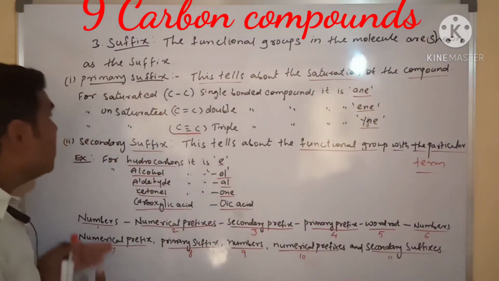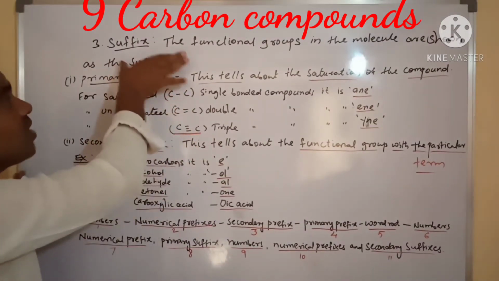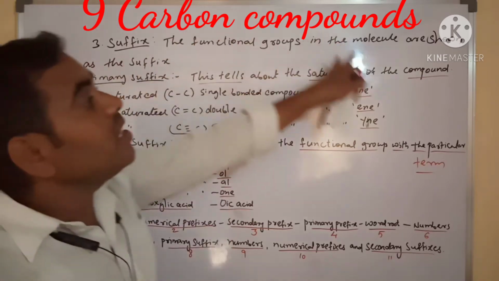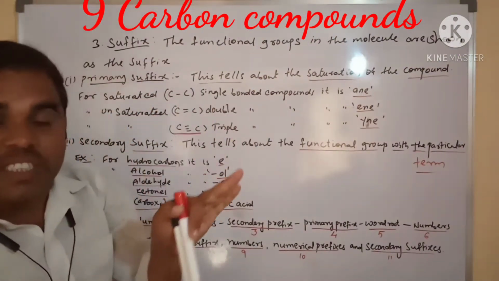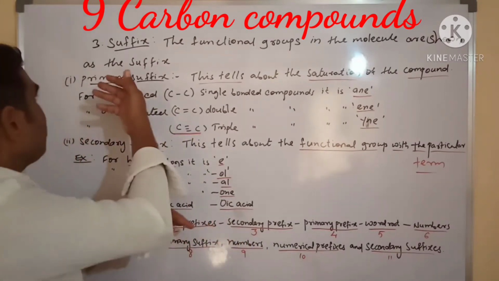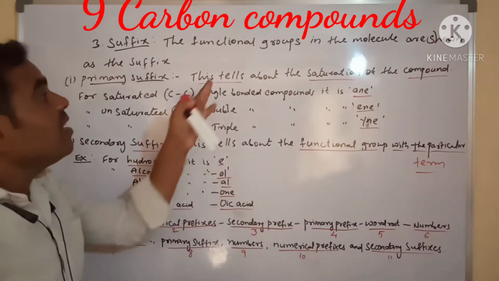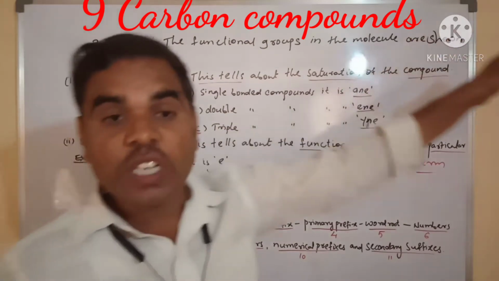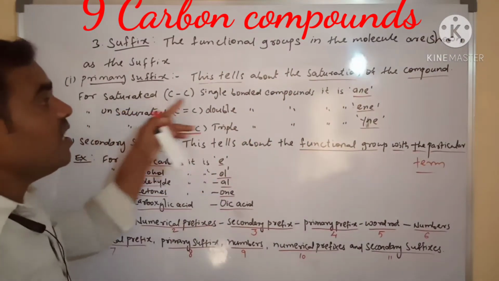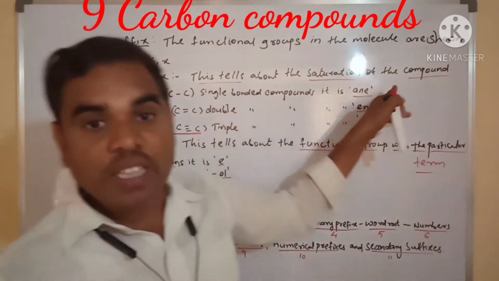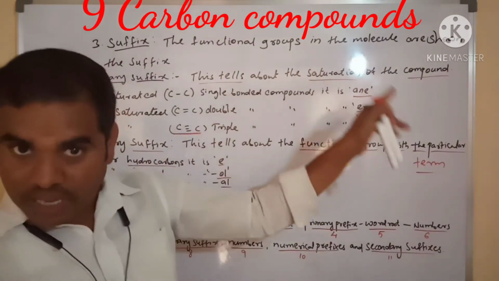Suffix means the functional group in the molecule is shown as the suffix. The primary suffix tells of the saturation of the compound. Single bond, we call it ane. Double bond, ene.